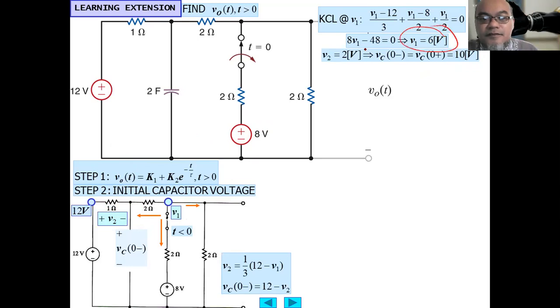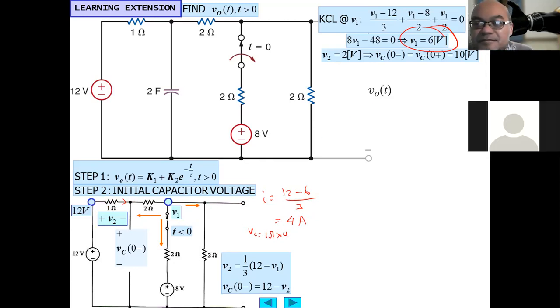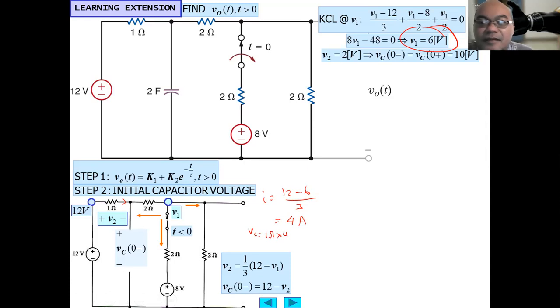So V1 equals 6 volt, and the current flowing through here will be 12 minus 6 divided by 3, 6 over 3, or 2 ampere. So the V2 will be 1 ohm times 2 ampere. Anyone knows why it is 2 volt? Anyone can pinpoint? Any idea?